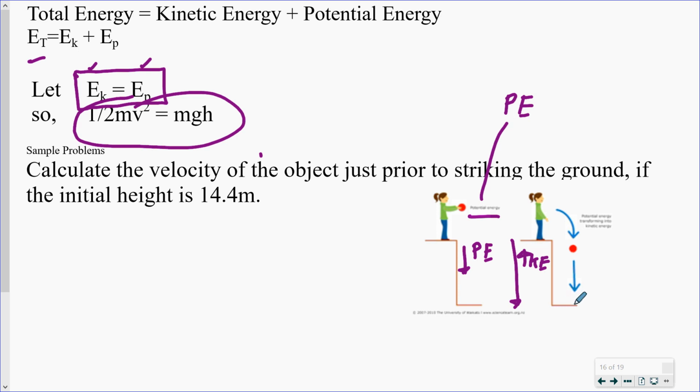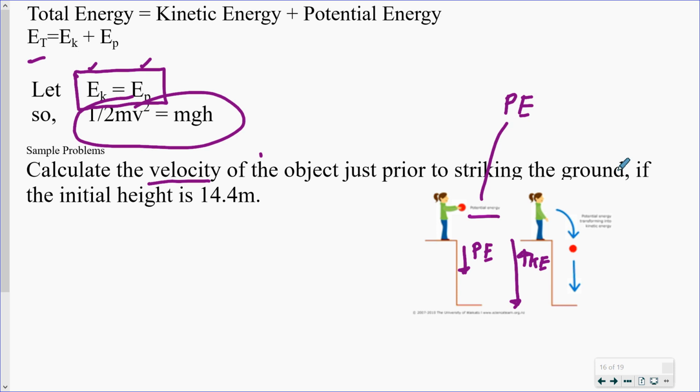Just before it strikes the ground is where it's going to have the maximum kinetic energy, and 0 potential energy because it is just about to strike the ground. So that in fact is the first question here. Calculate the velocity of the object just prior to striking the ground if the initial height is 14.4 meters.